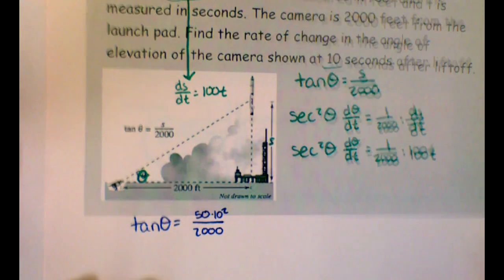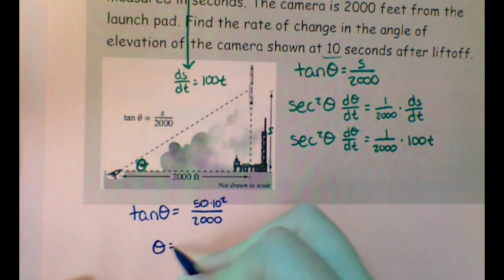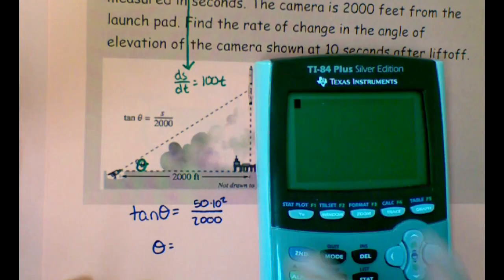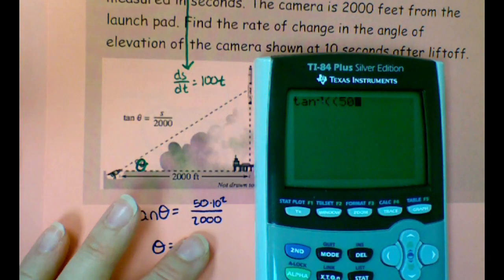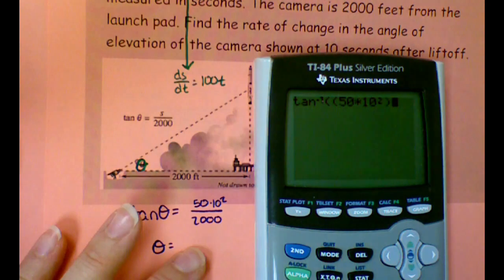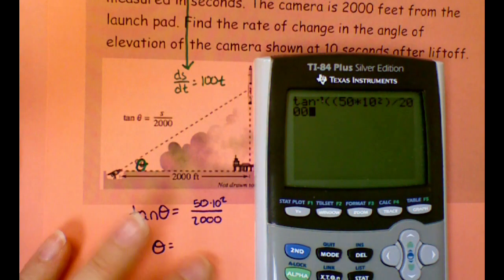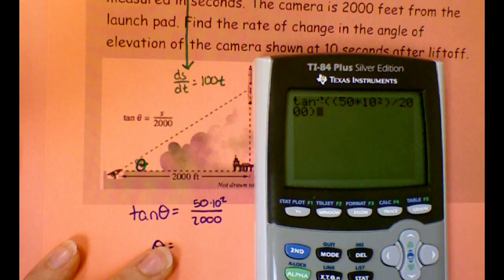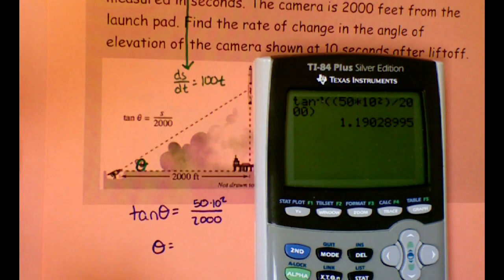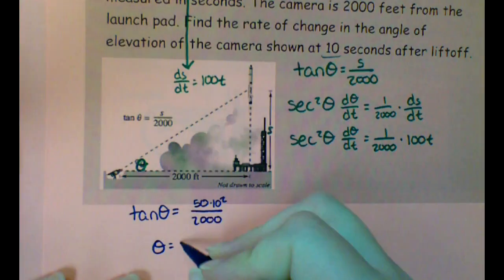To solve for tangent, I use arctangent. So in my calculator, I will take arctangent of 50 times 10 squared over 2,000. Make sure that I am in radians because calculus is always in radians. There's my answer, 1.1902 and so on.